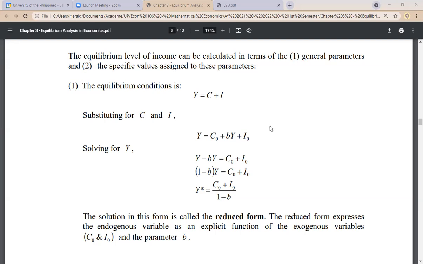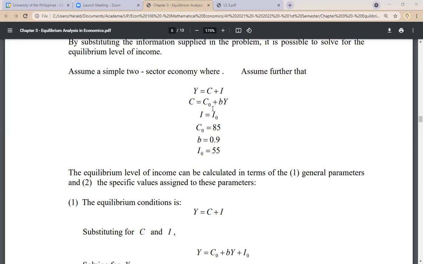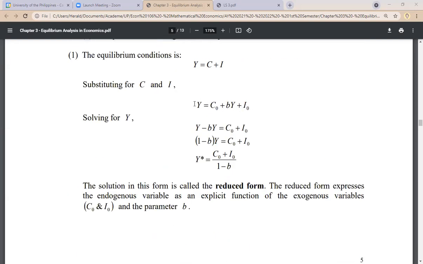Okay. Let's proceed first in solving using general parameters. Again, we set the equilibrium condition, that is y is equal to c plus I. We substitute these equations into the first equation, and then we're left with a single equation. We now solve for y.